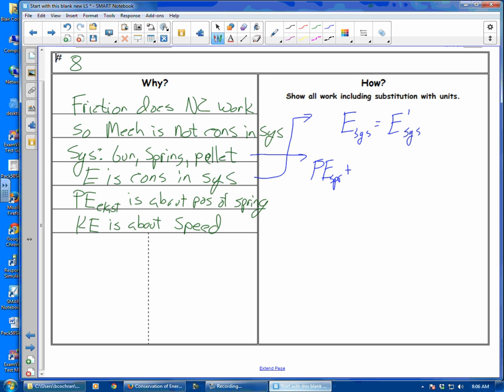We have the pellet, which would have kinetic energy. And then afterwards, we still have the spring, we still have the pellet, but there's a difference, so we put primes on them. And we know that we encountered friction, which did non-conservative work.